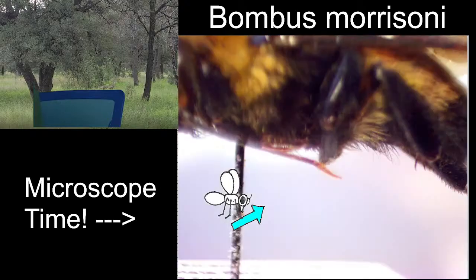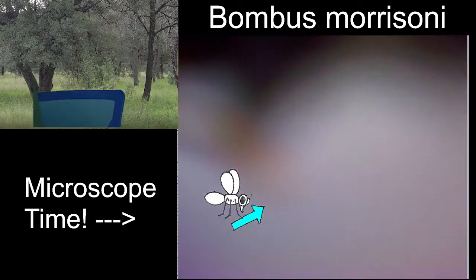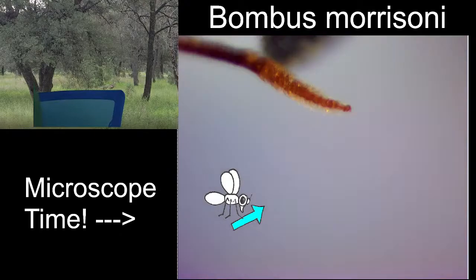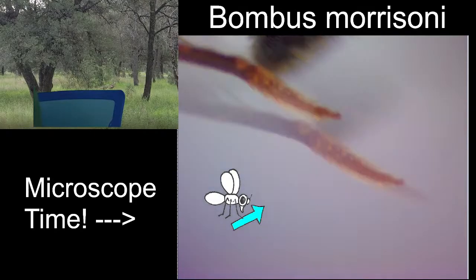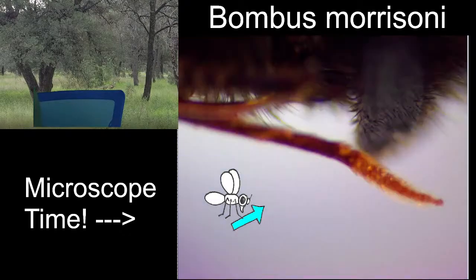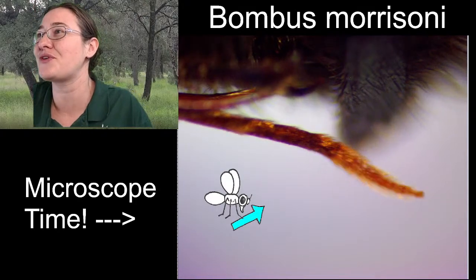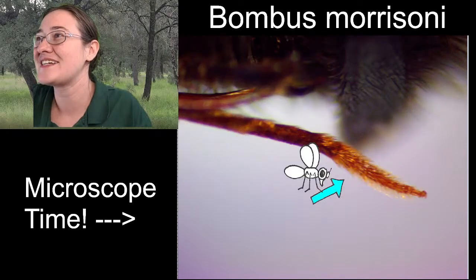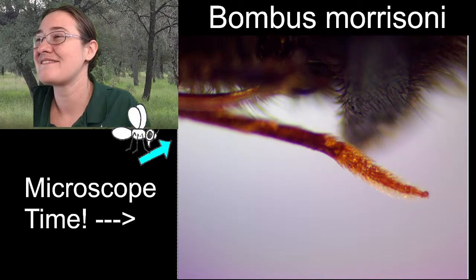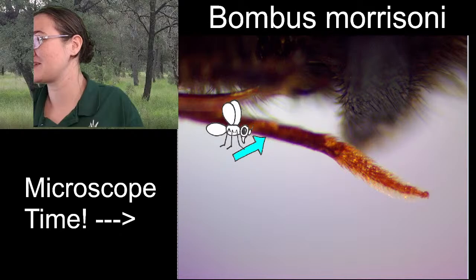It makes me want to flip it over and zoom in and see what the base of its mouth looks like. But the very, very tip of its mouth part has very short, beautiful golden hairs. Check that out. I thought that was really pretty.